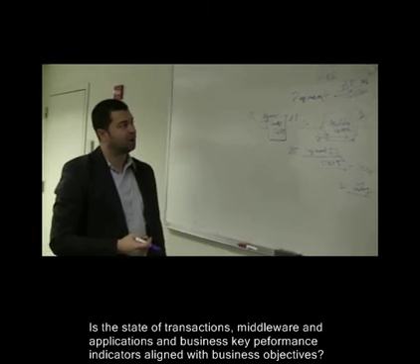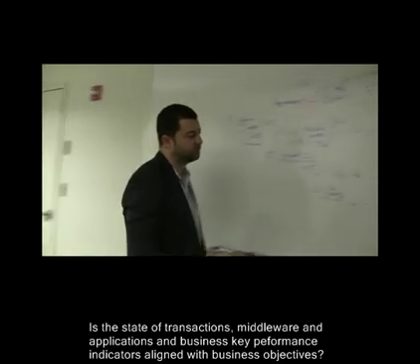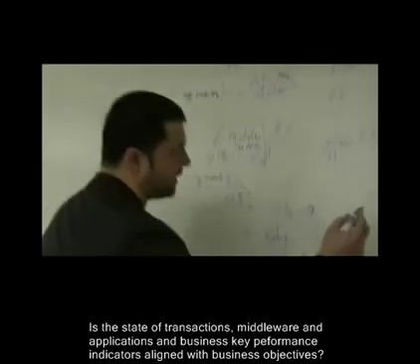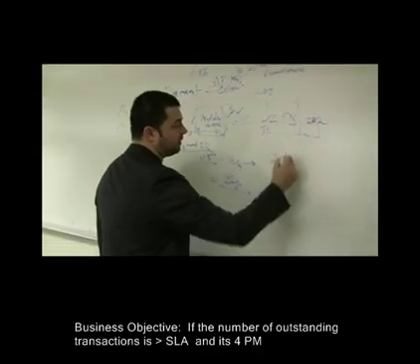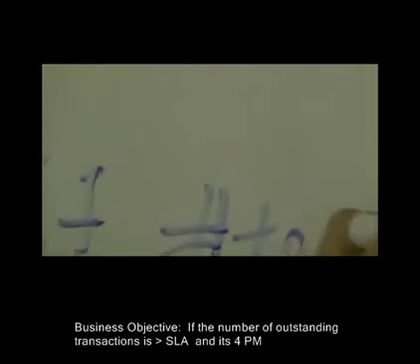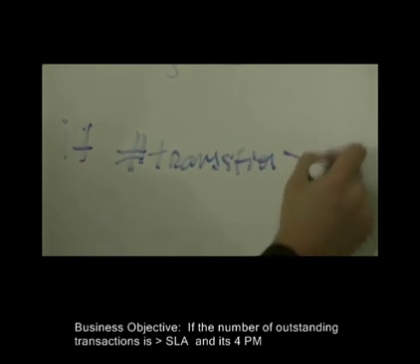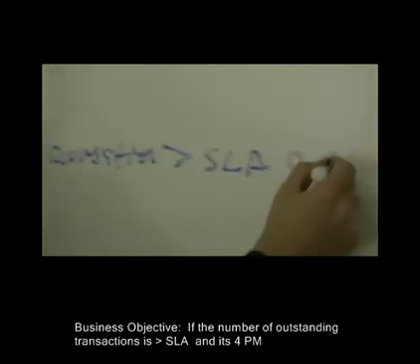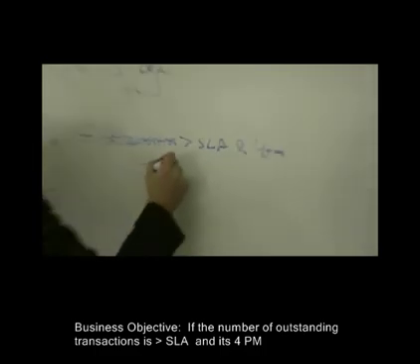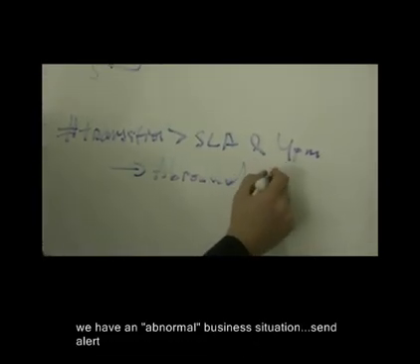An example of how we use the CEP to determine whether we meet the business objective. Well, first we have to formulate what a business objective is. The business objective could be that if the number of outstanding transactions is greater than some threshold, and we can put some kind of SLA, and it's 4 p.m., we have what we call an abnormal business situation that needs to be alerted.